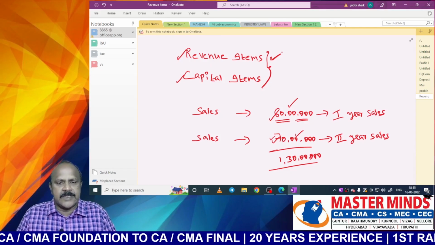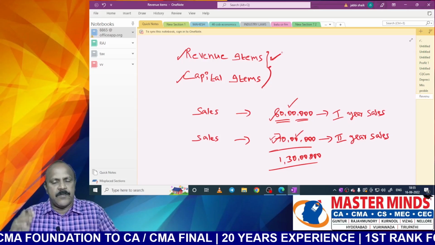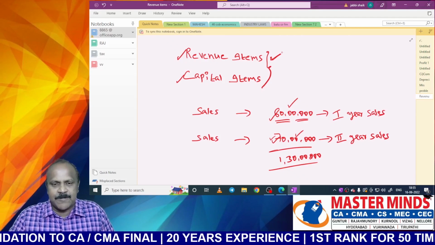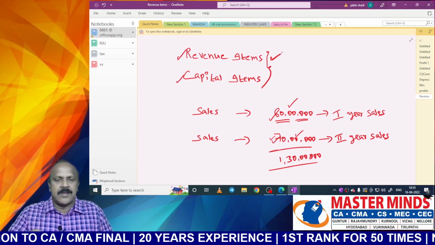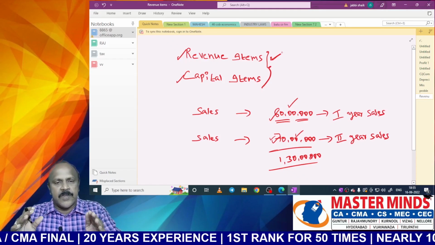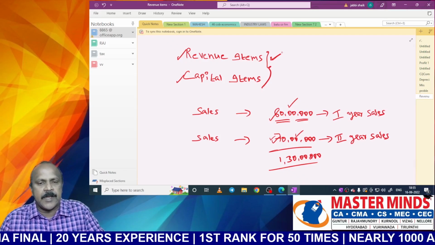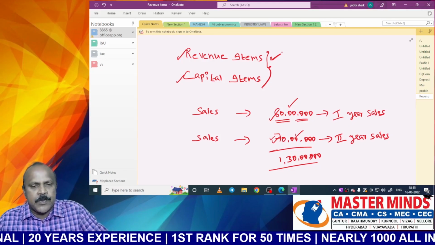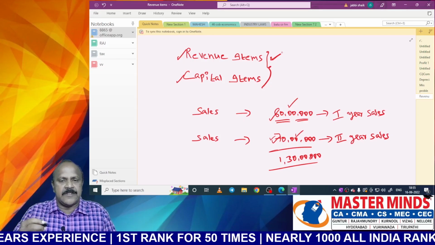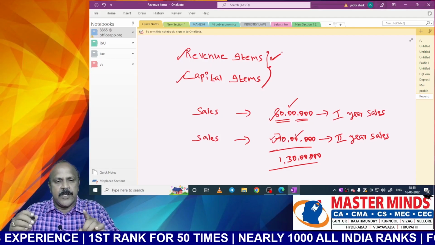My question is, what are called revenue items? The items that are confined only to the year of their occurrence are called revenue items. I repeat, the items that are confined only to the year of their occurrence are called revenue items.